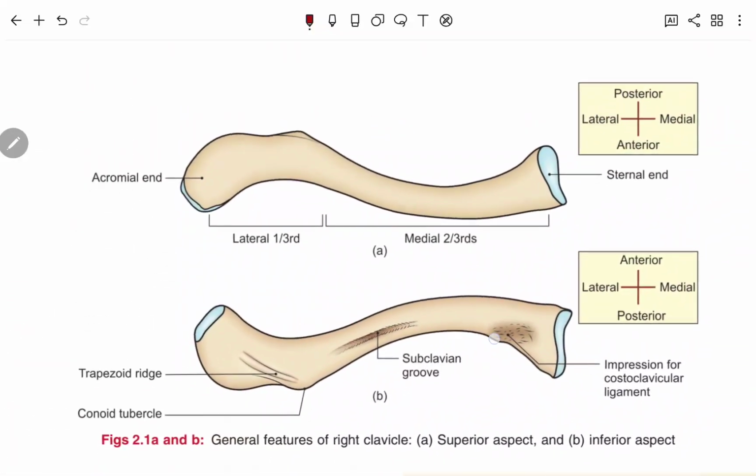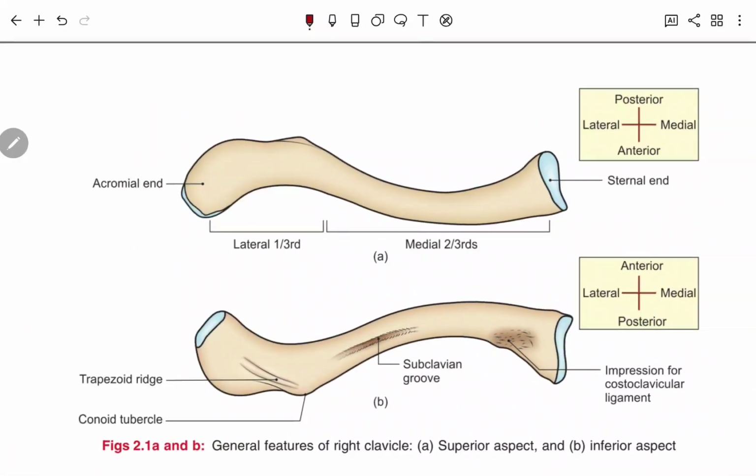Now the figure we are going to see. Here is the direction in which the bone is held. This is the anterior part. This is the lateral part because it is flat. No, sorry, this is the sternal part. This is quadrilateral, we can see it.